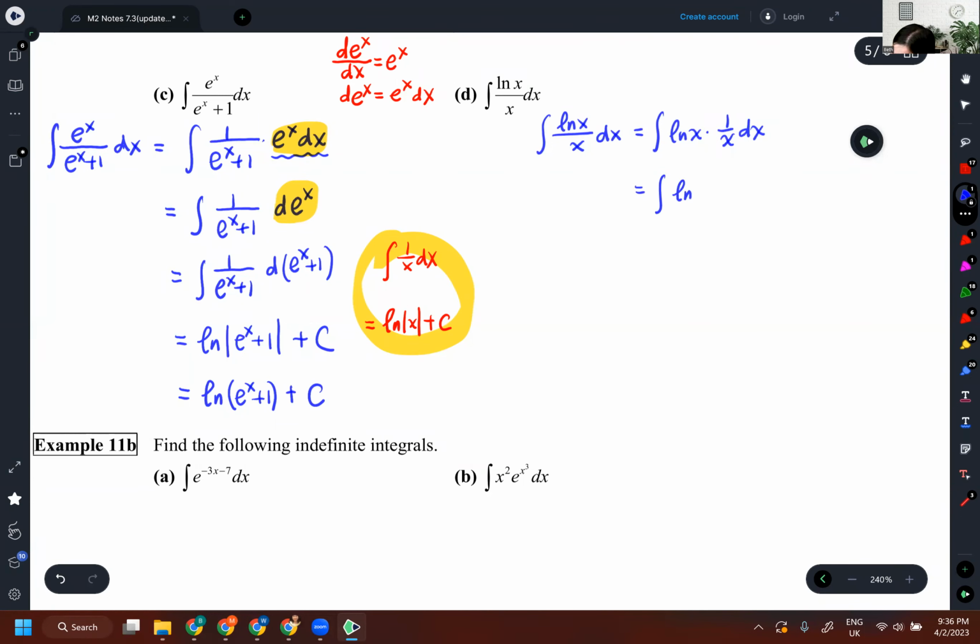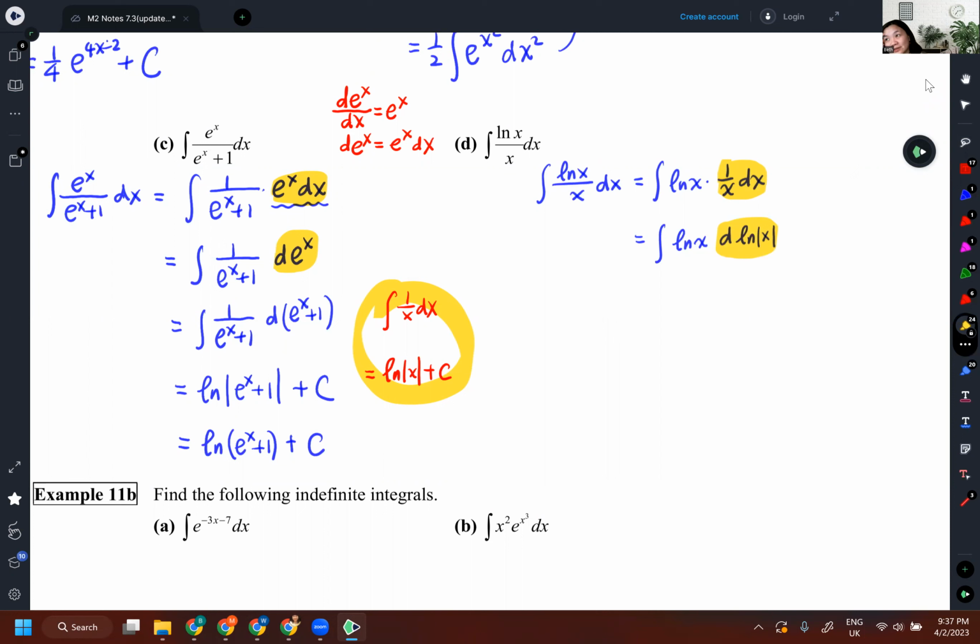Now you might ask, how many are there? As many as the number of functions there are outside. If there is a function, I can always do it backwards, you know what I mean? Now here, do you see what I'm doing backwards? I'm doing the d log x over dx, that's 1 over x. So 1 over x dx is d log x.